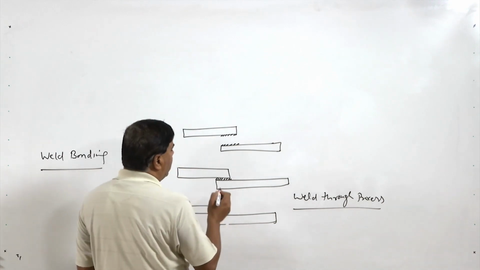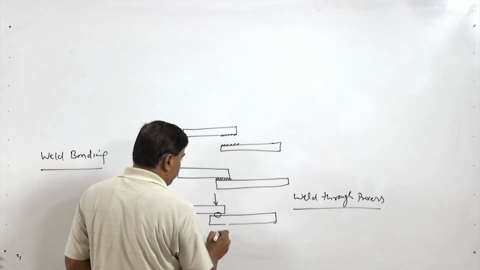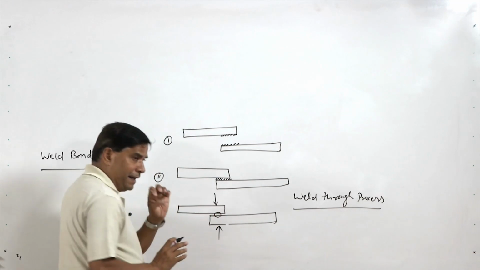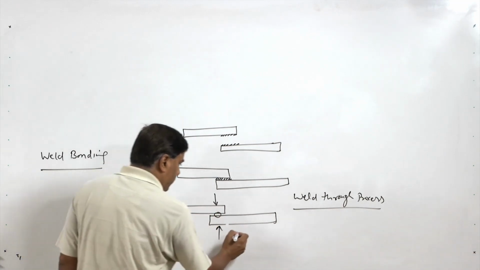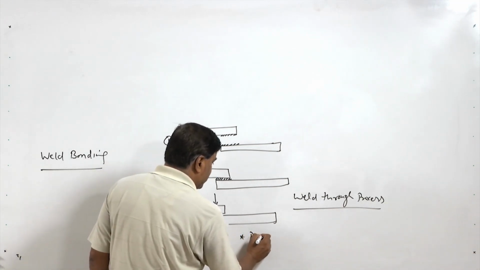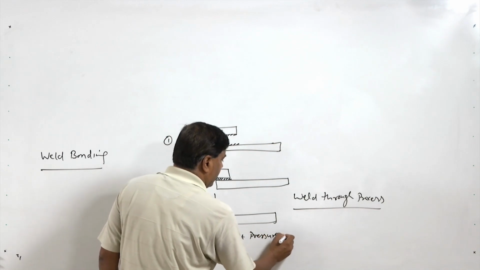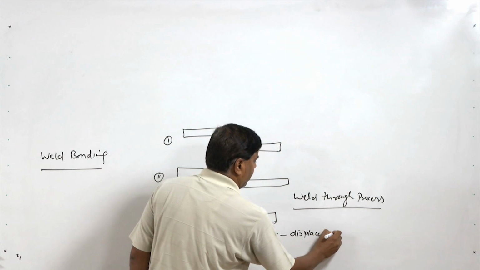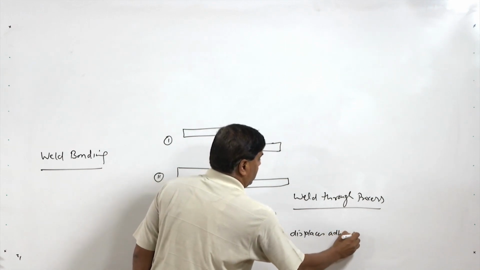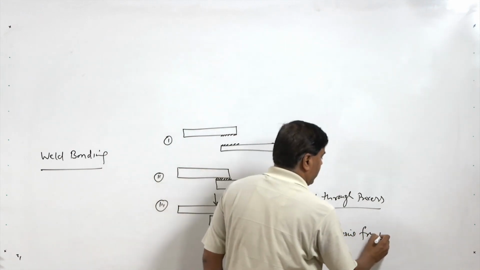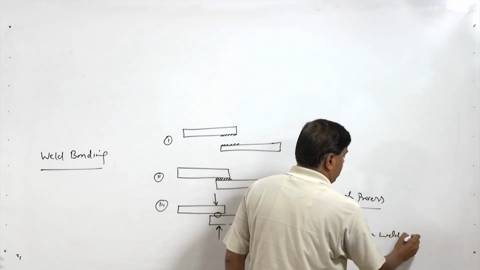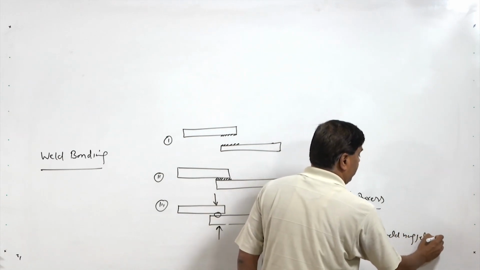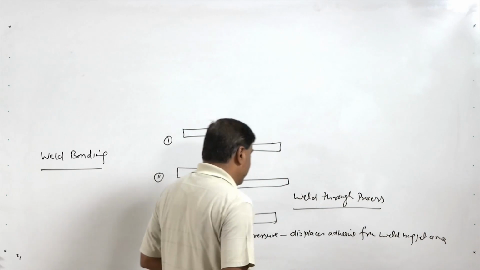During the spot welding, when pressure is applied and current flows, it results in two things. One, the pressure displaces the adhesive from the weld nugget area first, and only after that the weld nugget is formed.